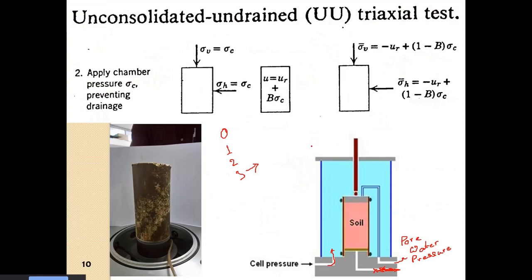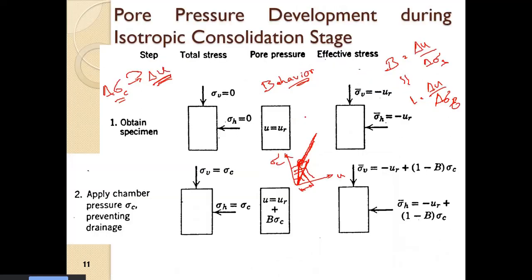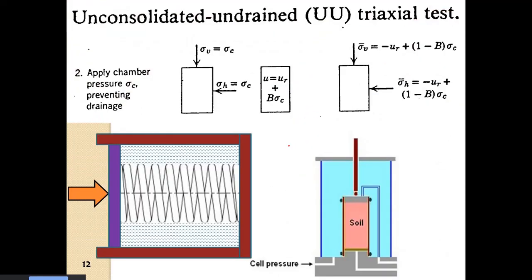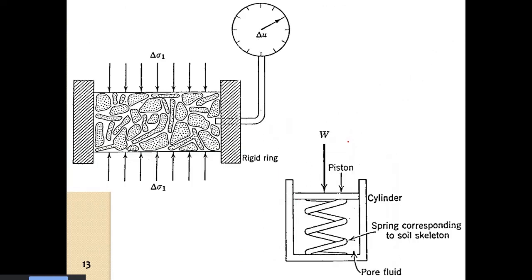To understand that, here we see that if there is the soil element, we consider it to be a spring. Whenever we apply the load in undrained condition, definitely whatever load we apply, delta sigma C, it should result in the pore water pressure increment, but it is not so.